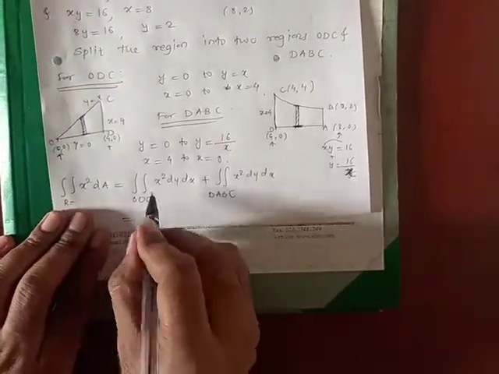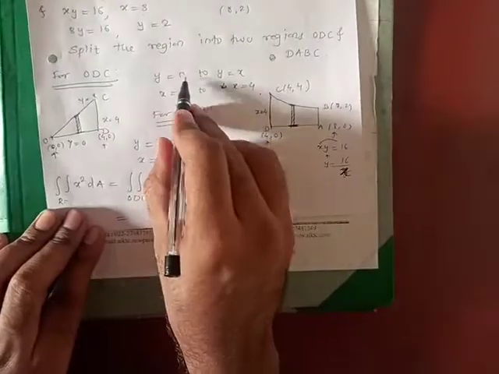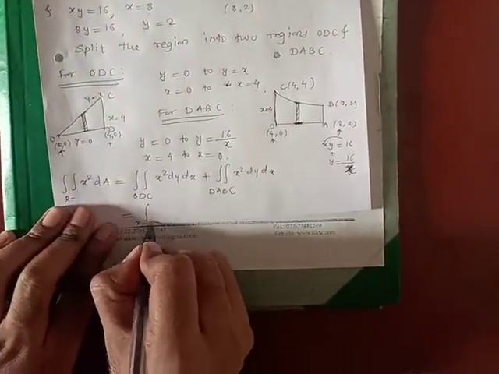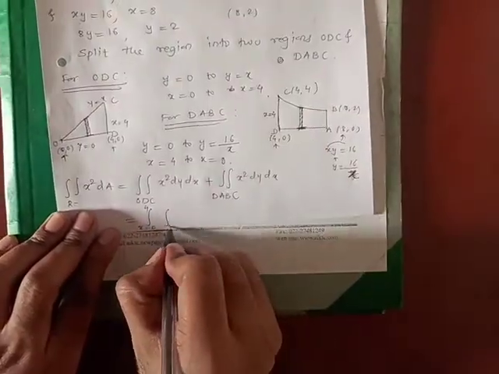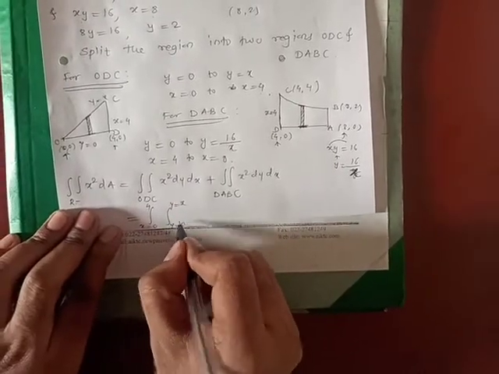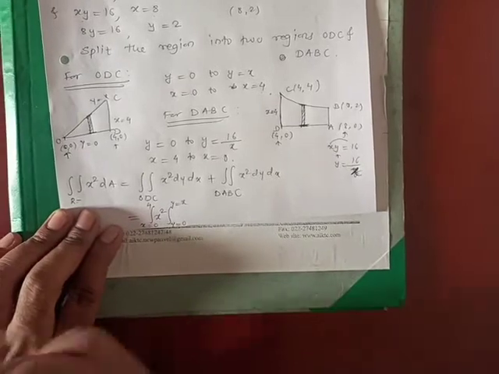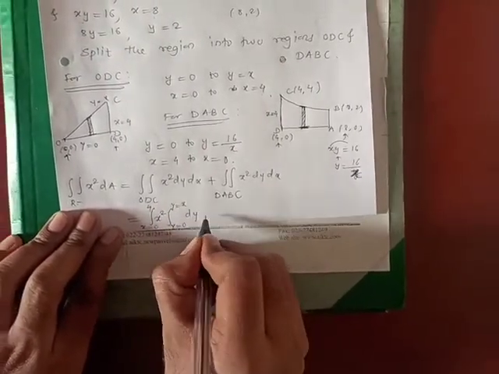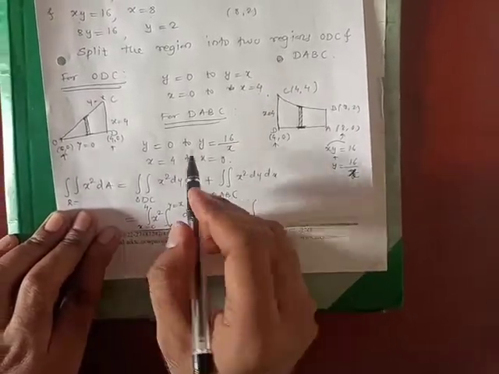Simplify this now. Here these are the limits. So here x is equal to 0 and x is equal to 4 are constant. So x is equal to 0 to 4. Then y is equal to 0 to y is equal to x. These are the limits of y. So x square is a constant, so you can take this outside, into dy and then dx, plus integration over DABC.